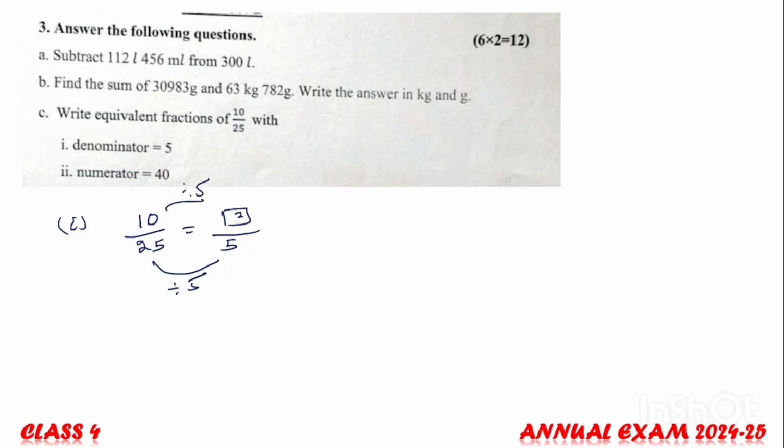So the answer is 2. Now the next one: 10 by 25 equals 40 by dash, because we find the denominator. So if we multiply 10 by 4, we get 40. Similarly, we multiply 4 with 25, and we get the denominator, that is 100. Next.